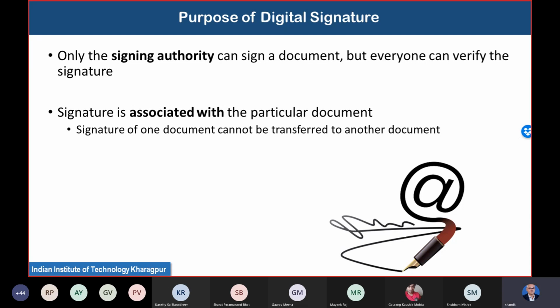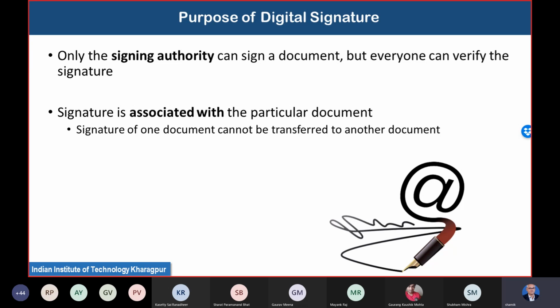So what is the purpose of digital signature? The purpose is that only the signing authority can sign a document, but everyone can verify it once it has been signed. That hello world message I sent to X, if it is sent to X, Y, Z, anybody would be able to verify that it was indeed sent by me.